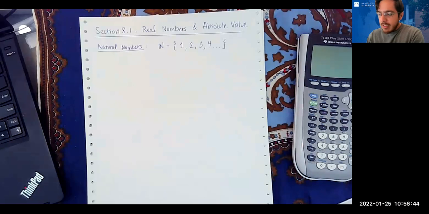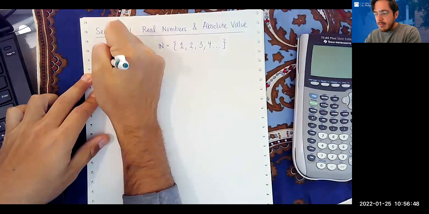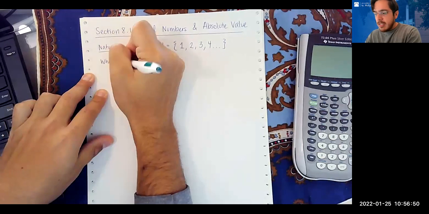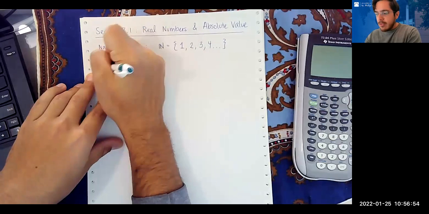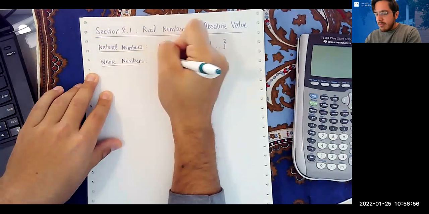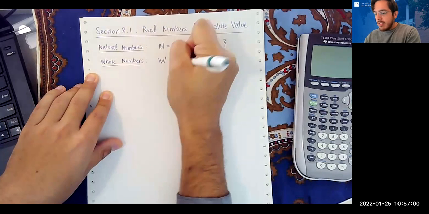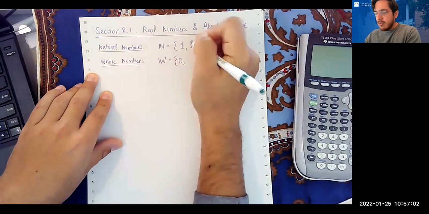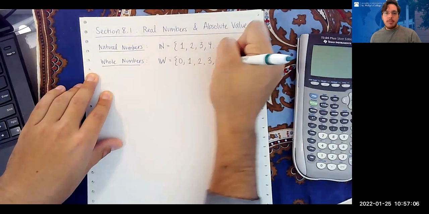Then we said, okay, if we're going to take a step further in our number system and add a level of complication, we're going to call the whole numbers all of the natural numbers, but now we're going to include 0 in that category. So 0, 1, 2, 3, 4, and so on. And those will all be called whole numbers.